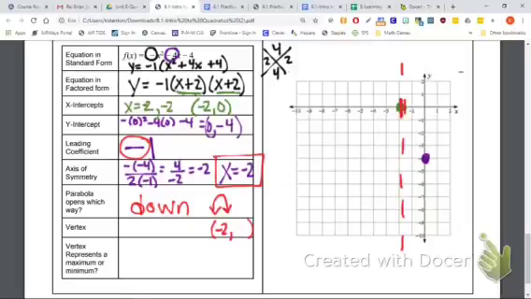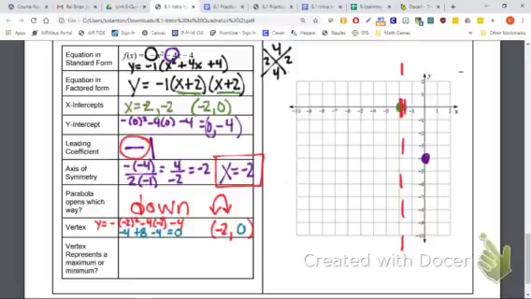And we're going to say y equals negative of negative 2 squared minus 4 times negative 2 minus 4. When I simplify this out, I'm going to get negative 4 plus 8 minus 4. And what that equals is 0.